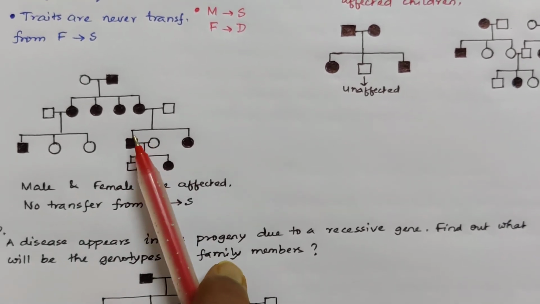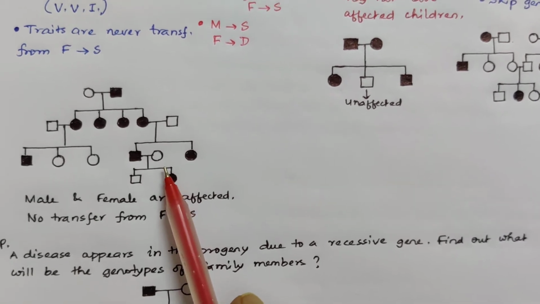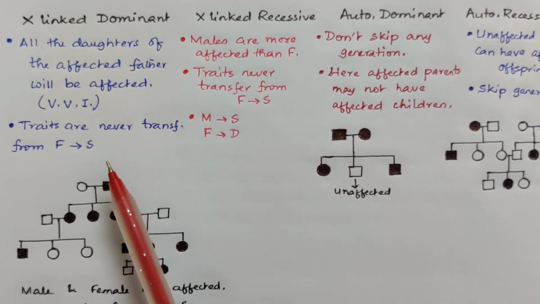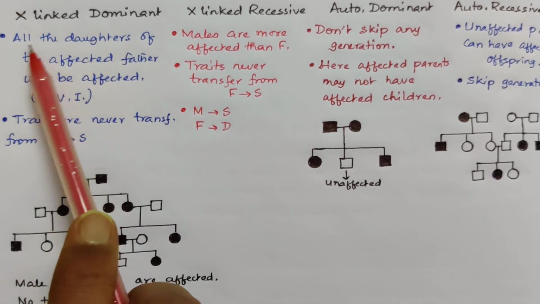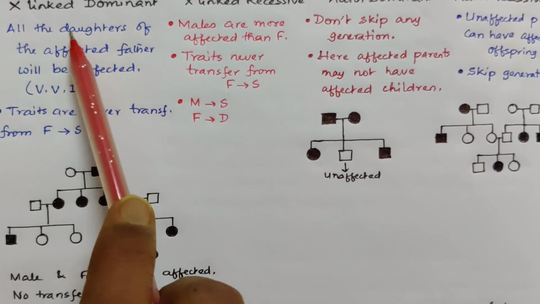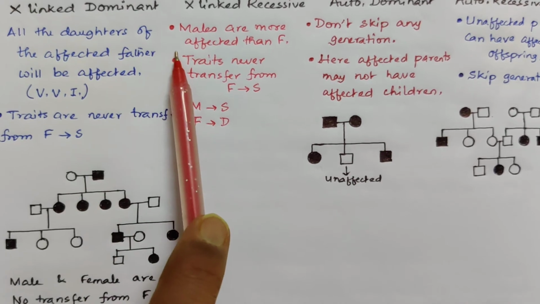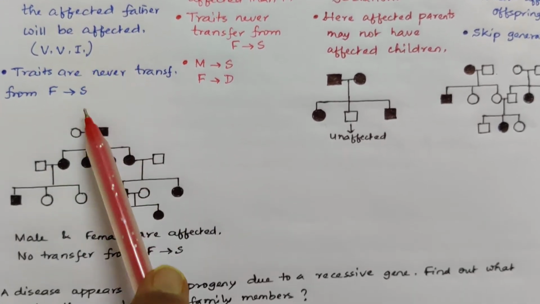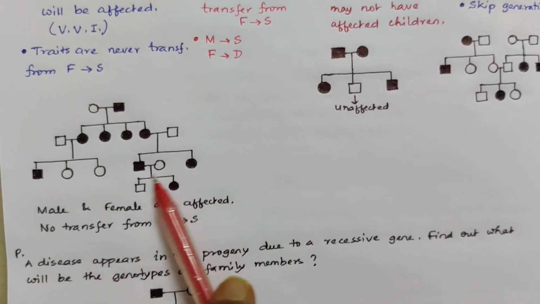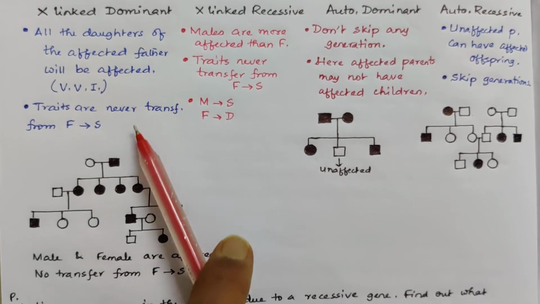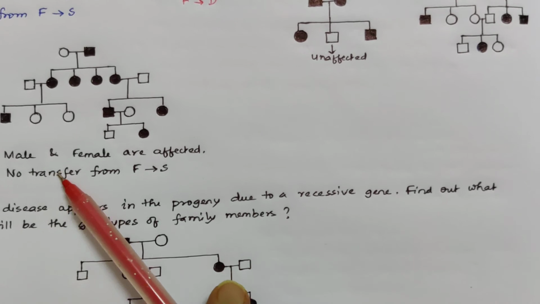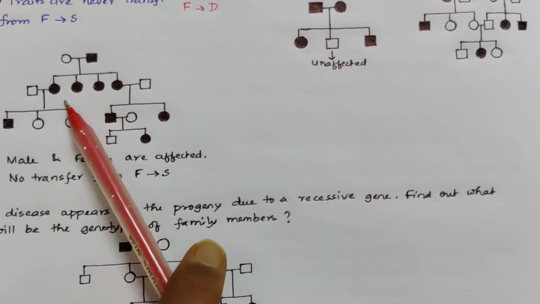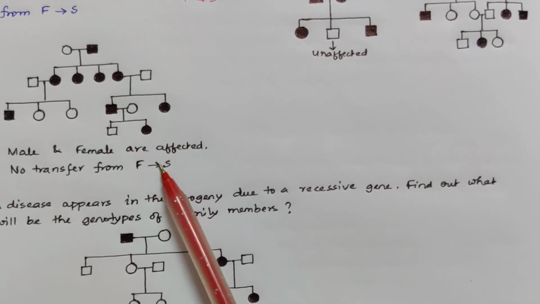If the father transfers to all the daughters, then we come to the conclusion that it is an X-linked dominant trait, because all the daughters of the affected father will be affected. It's very, very important. So this pedigree is a type of X-linked dominant pedigree. There is no transfer from father to son over here, always from father to daughter.